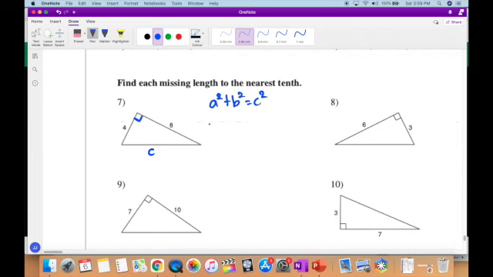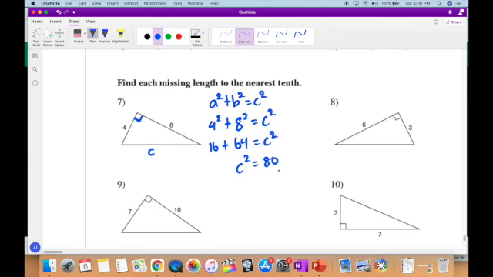And then we say, well, all right, 4 squared plus 8 squared is equal to C squared. 4 fours are 16 plus 8 eights are 64 is equal to C squared. What's 16 plus 64? 80. So therefore C squared is equal to 80. So if C squared is equal to 80, is that the answer?